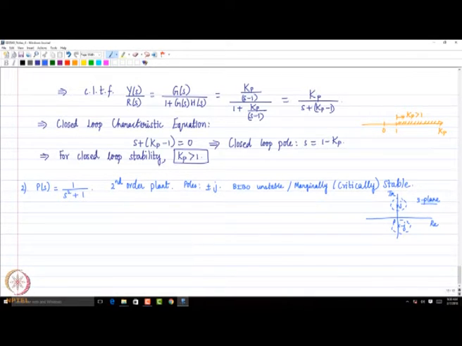Whatever I have done is an approximation. I might not have taken into account some dynamics, so there may be unmodeled dynamics and parametric uncertainties, and so on. So the poles may be in a region around plus or minus j.